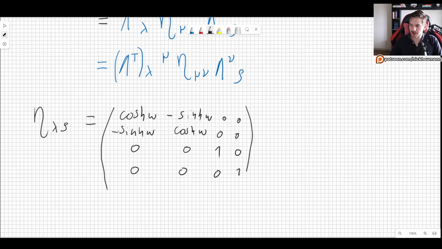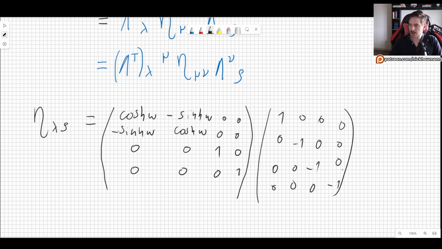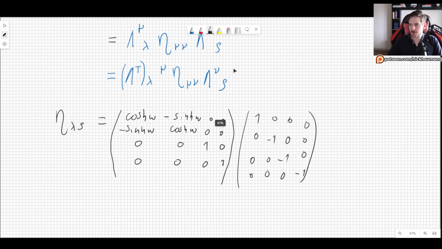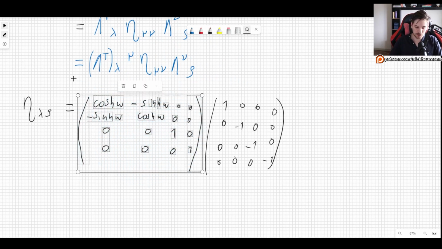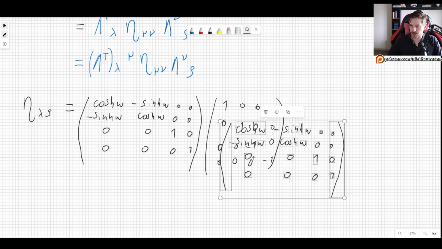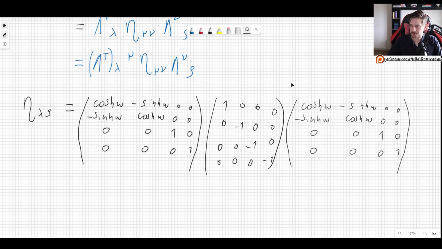Then we multiply this by the metric: 1, 0, 0, 0, 0, minus 1, 0, 0, 0, 0, minus 1, 0, 0, 0, 0, minus 1. And now we need to multiply this by another Lorentz transformation. So just take this, Control C, Control V, and we just put it there.